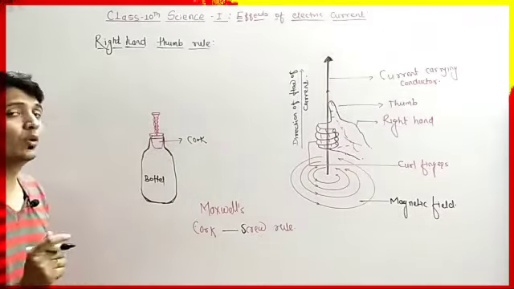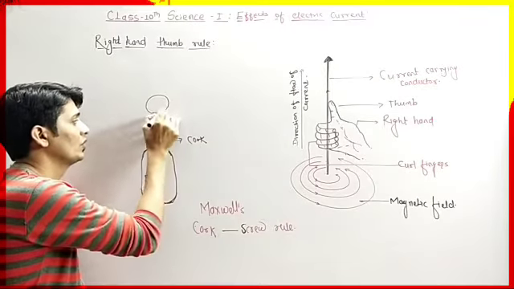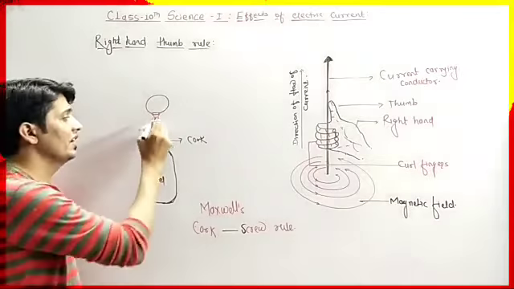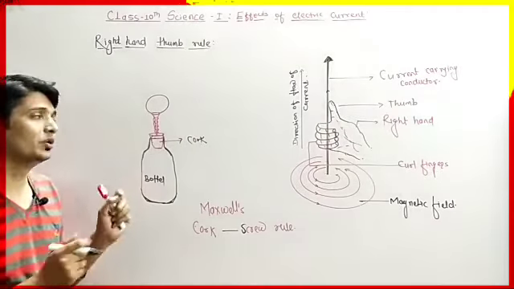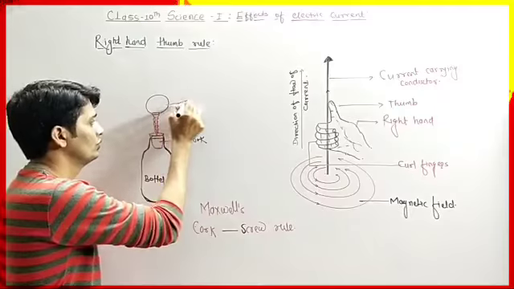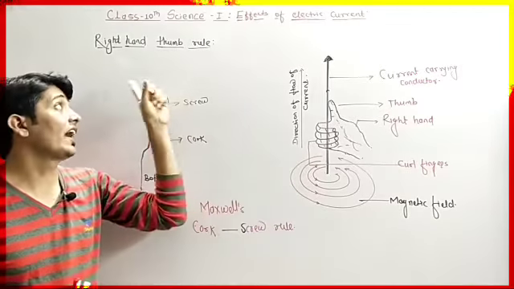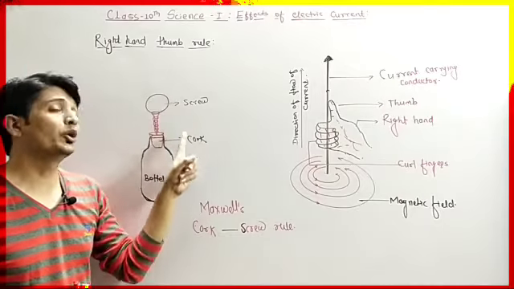There is one opener which is like a screw, a screw-like opener. Here we have rings on the metallic part of the screw. We have to understand why this rule is compared to the cork and screw rule.